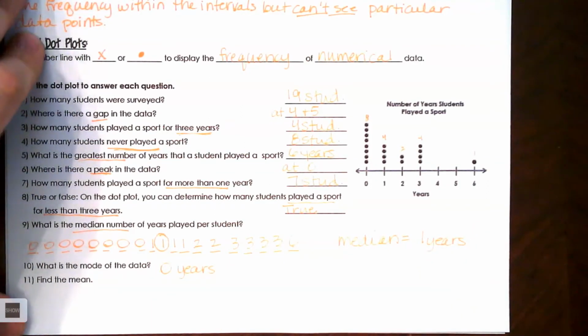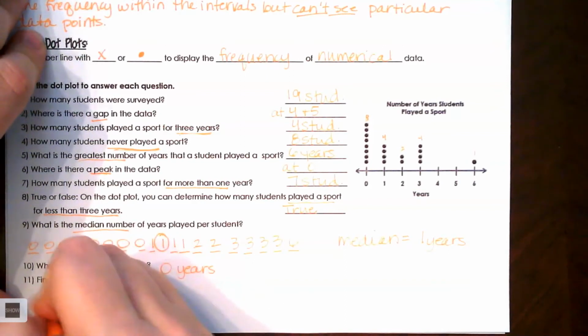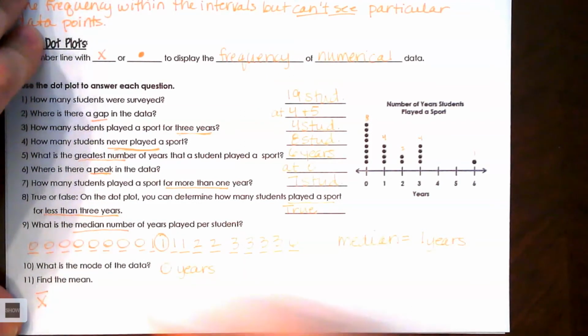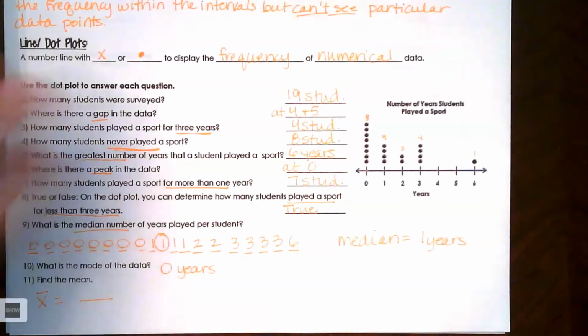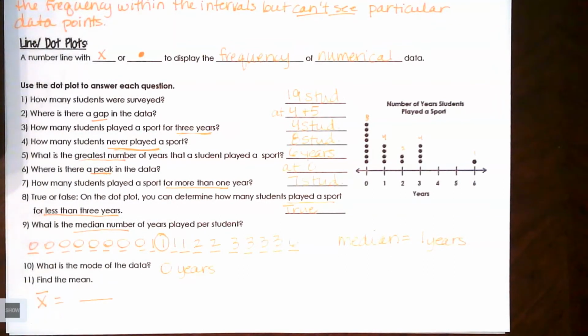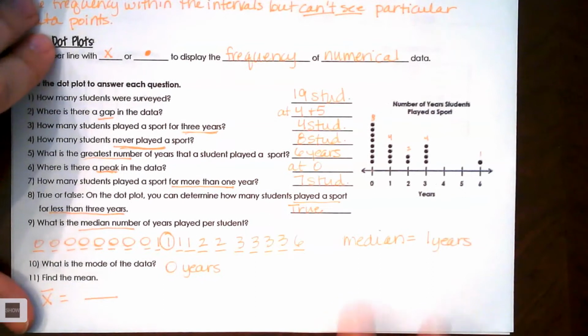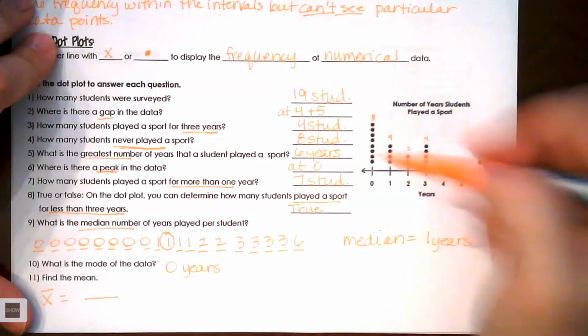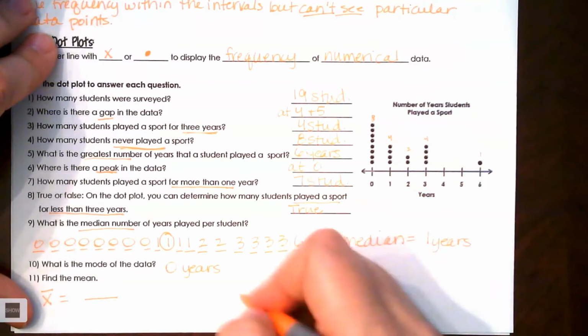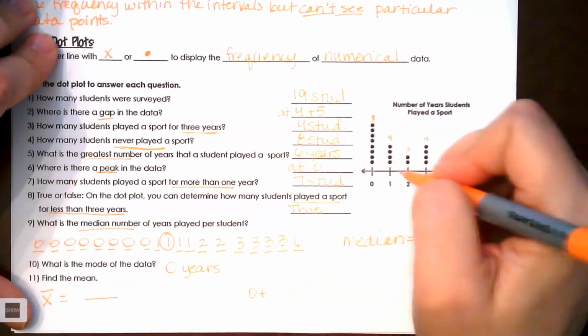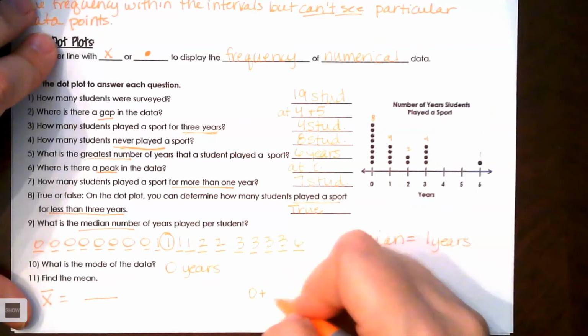All right, now the mean. Remember the mean, which could be represented by X bar, says that we need to find the sum of our data and then divide by the number of data values we have. So these numbers aren't too bad to, I would suggest, doing them in a cluster. So if we add 8 zeros, we still have a 0. So that would be 0 plus, well, if we have 4 ones, that would be 4.